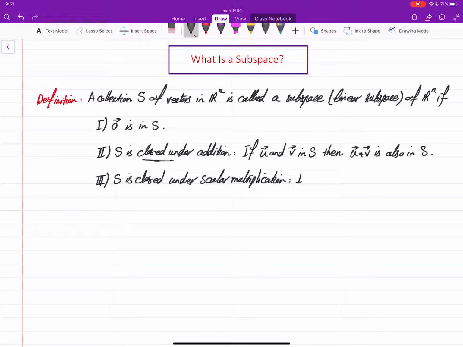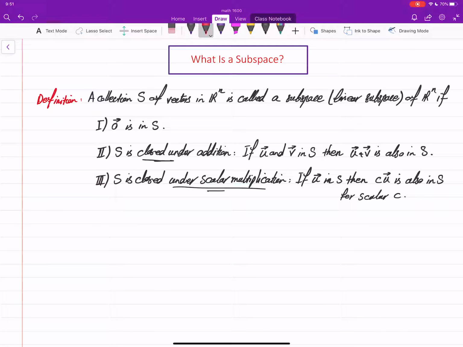That means that if you pick a vector u from S, then any multiple of that, Cu, is also in S for any scalar C. So you multiply any vector in S by any scalar, it will give you some vector which is again in S. So it is closed under scalar multiplication.